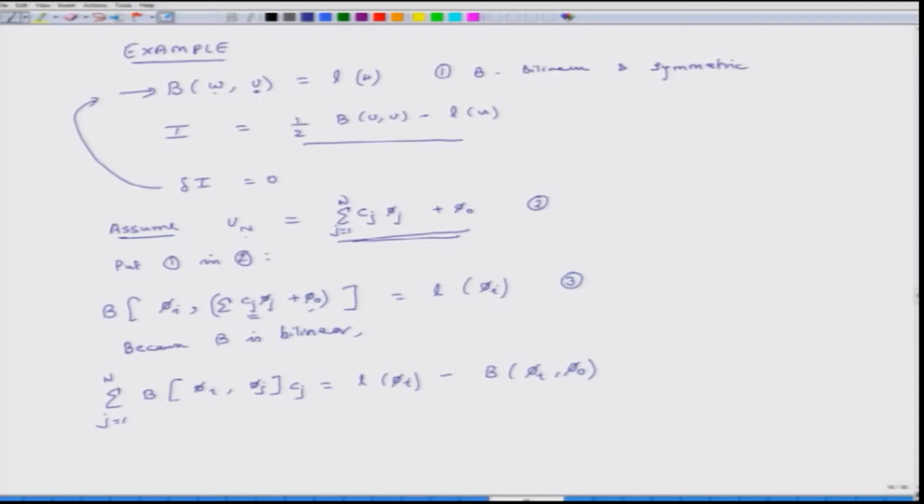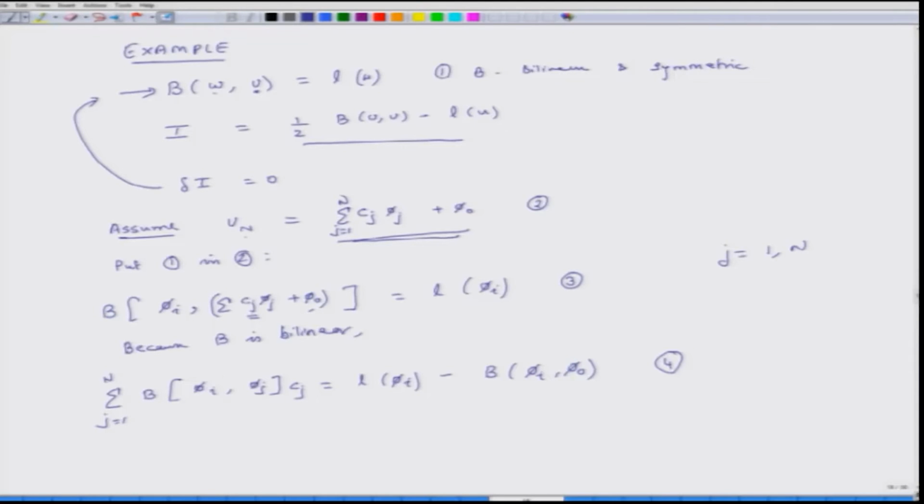Now, when you look at this equation 4, you see that j is equal to 1 to n. For different values of I, this is one equation, and on the index j I am adding up everything. So for different values of I, I will get different equations.